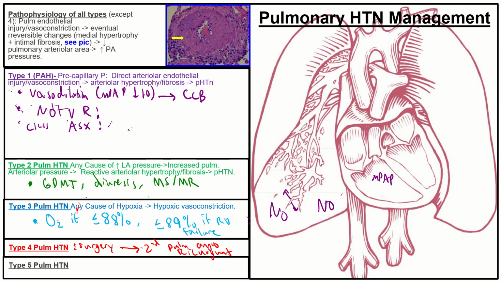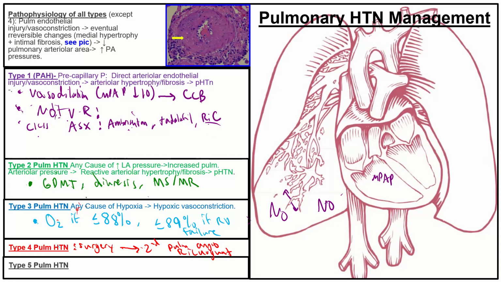Your choices here are going to be ambrisentan, which is an endothelin antagonist, tadalafil, which causes phosphodiesterase inhibition, causing arterial vasodilation, or riociguat, which we already talked about, which is a cyclic GMP stimulator, and that's going to cause arterial vasodilation.